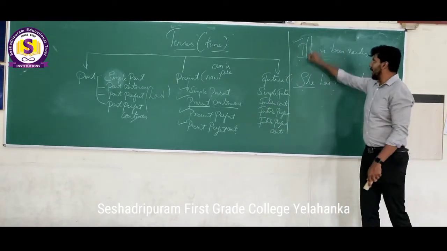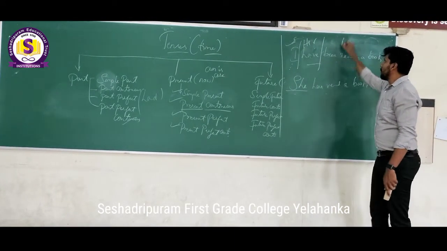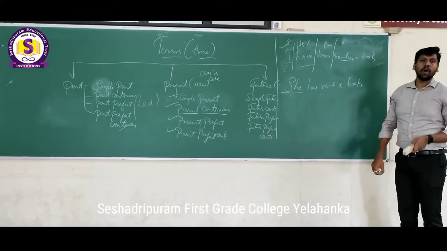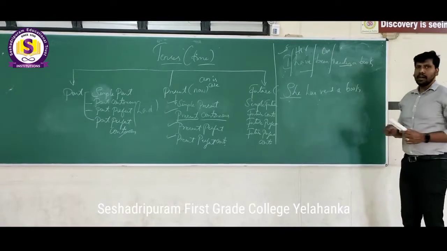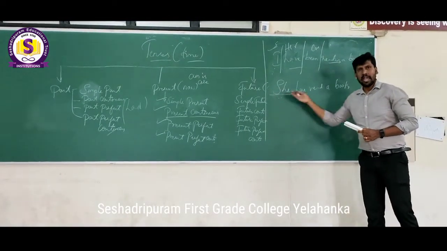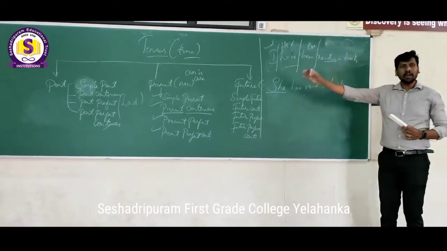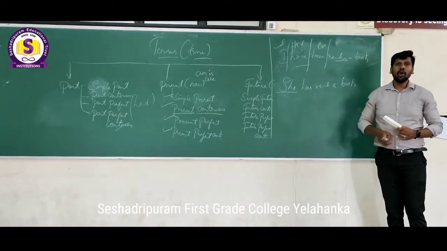The formula here is I, subject, have is the helping verb, been is the continuous one, and the main verb will take the ing form, or what is called a progressive form, and a book is an object. So the same thing, she has been reading a book. So this is an example for present perfect continuous. Hope you understand.